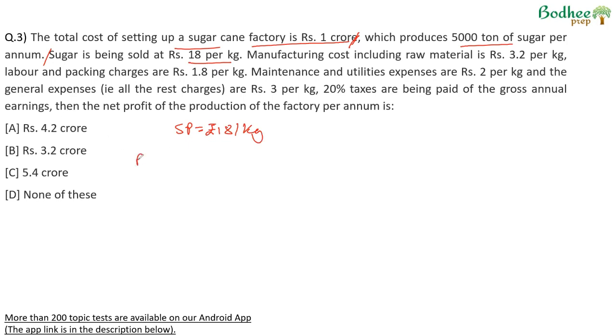So raw material plus labor plus packaging is 3.2 plus 1.8, which is rupees 5 per kg. Maintenance plus utilities is 2 rupees per kg.